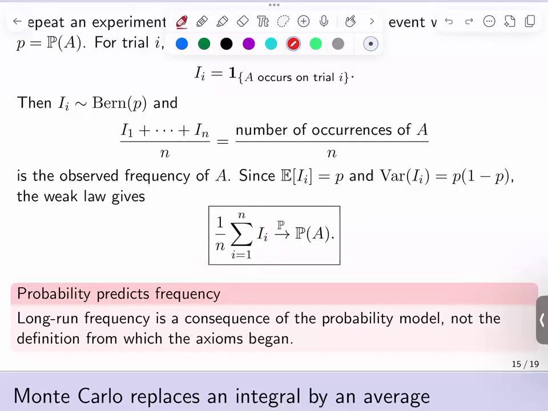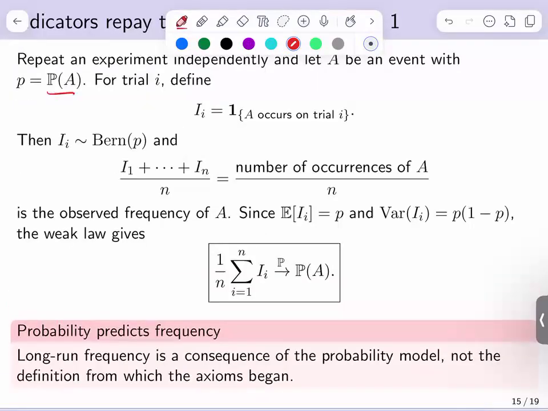You start with the axioms of probability, and then we can prove inside the probability model that, whatever meaning you want to give it, if I have independent repetitions of the experiment, and I define this indicator as that event happening at trial i, these are independent, by our formal definition of independence.